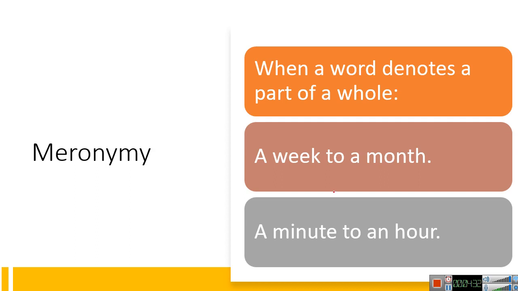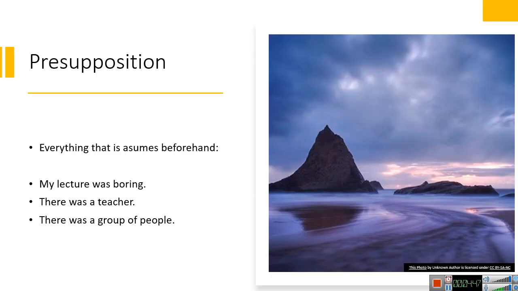There's also metonymy, that is when a word denotes a part of a whole. So a week to a month, a minute to an hour. There's also presupposition, and that is when everything is assumed beforehand.